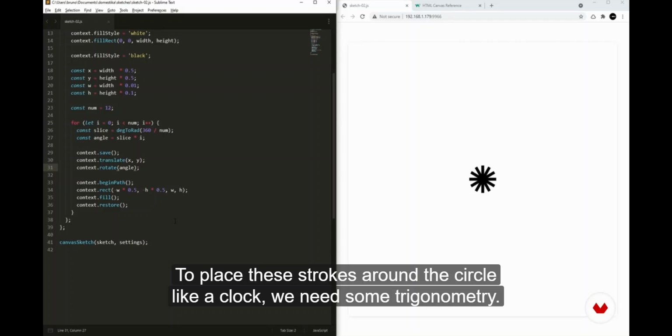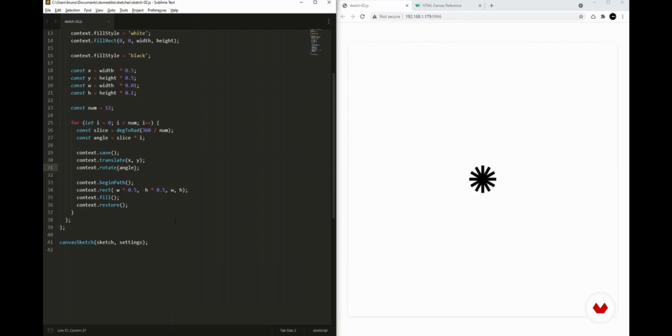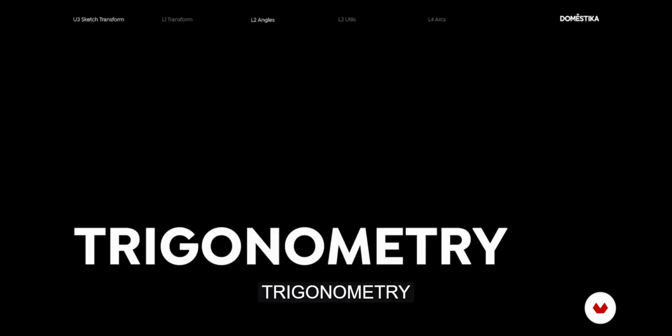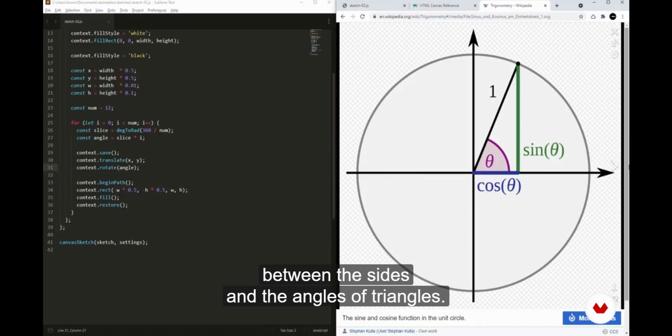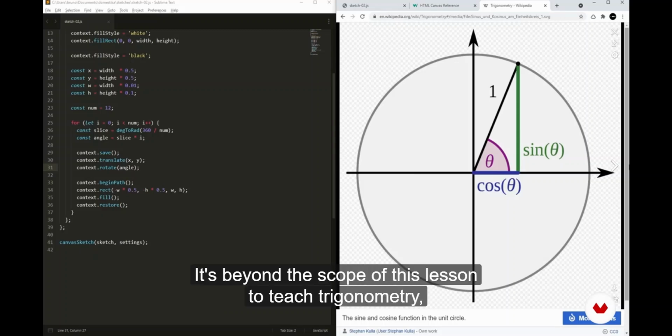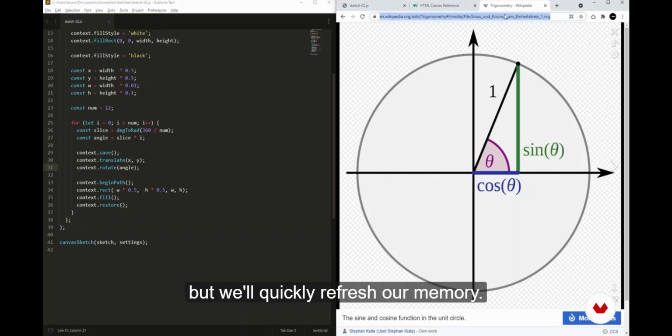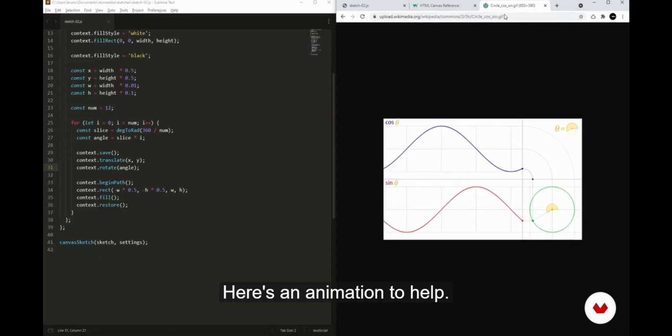Now to place these strokes around the circle like a clock, we need a bit of trigonometry. Trigonometry is about the relationships between the sides and the angles of triangles. It's beyond the scope of this lesson to teach trigonometry, but we can quickly refresh our memory. Here's an animation to help.